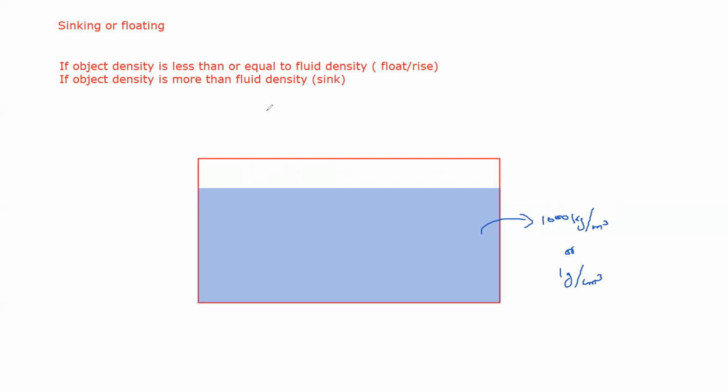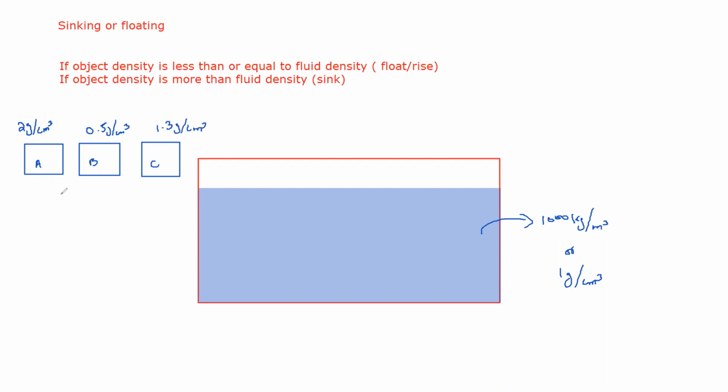You have three objects made of different materials with different densities. The density of object A is 2 gram per centimeter cube. The density of object B is 0.5 gram per centimeter cube. And the density of object C is 1.3 gram per centimeter cube.